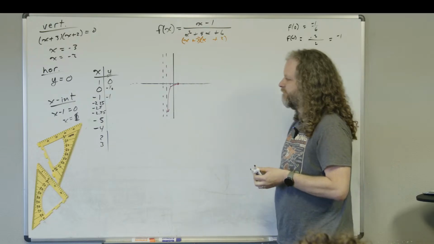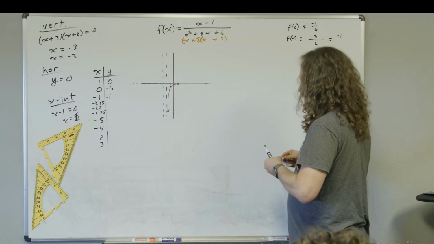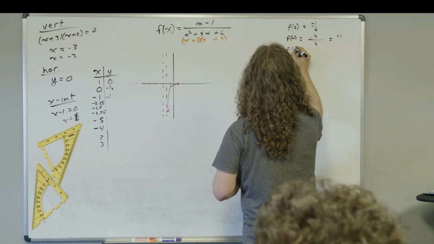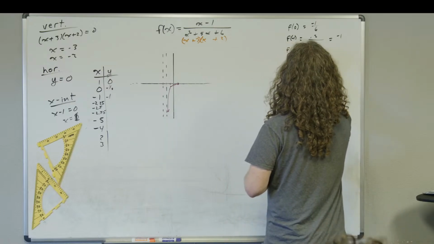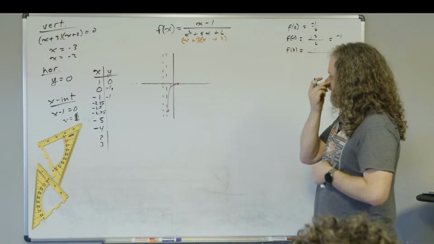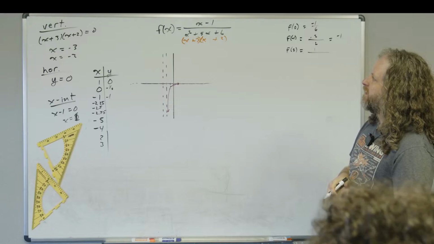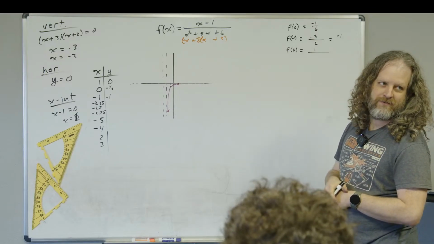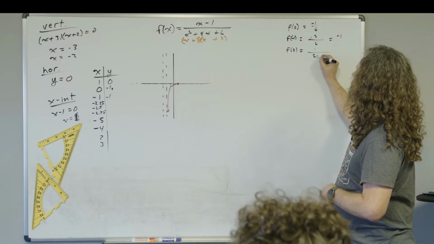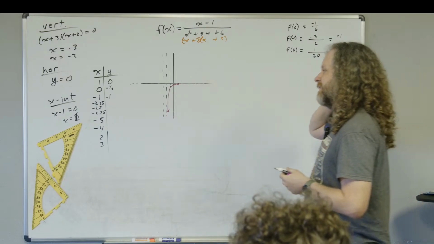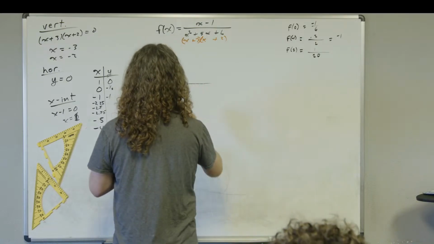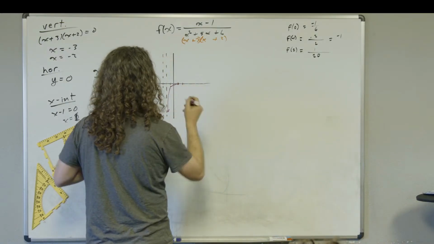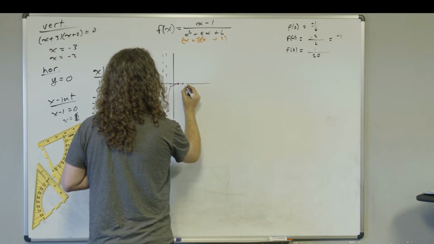Let's do a 2 and a 3. F of 2. 1 over 2 squared is 4, plus 10 is 14, plus 6 is 20. 1/20th. So at 2, we're still very close to the axis.